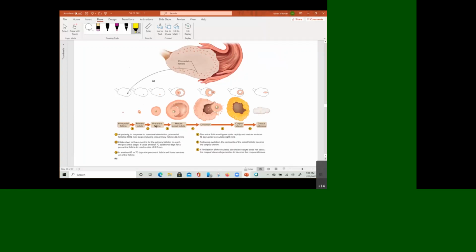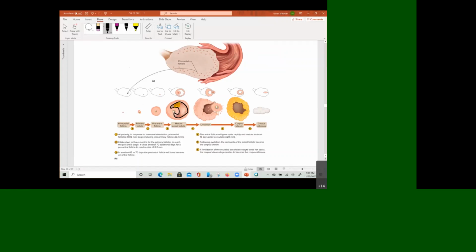It's just getting bigger. It becomes a bigger sac. In about the 70th day, the pre-antral follicle will have become an antral follicle, a mature antral follicle. And you can tell that this is a mature antral follicle because it has this right here, which is fluid.